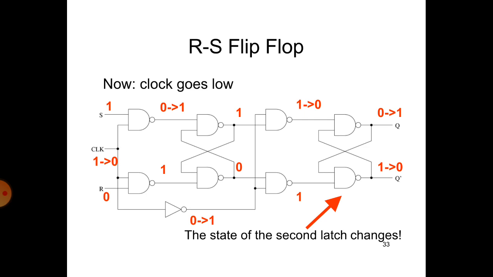And second latch, S will be 1 and R will be 1. So these are the two inputs of the second latch, that is 1 1, 1 transition 0, 0 transition 1.